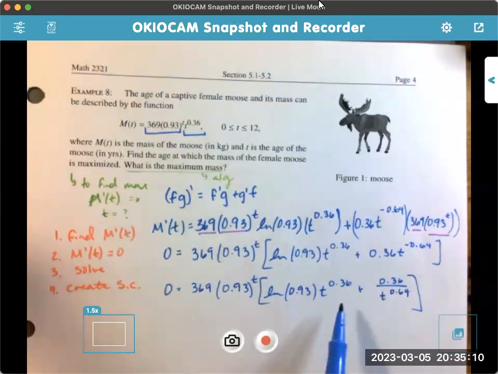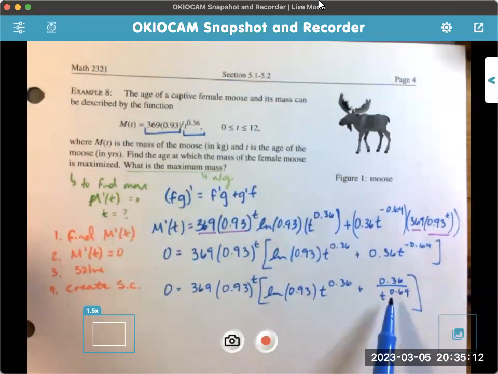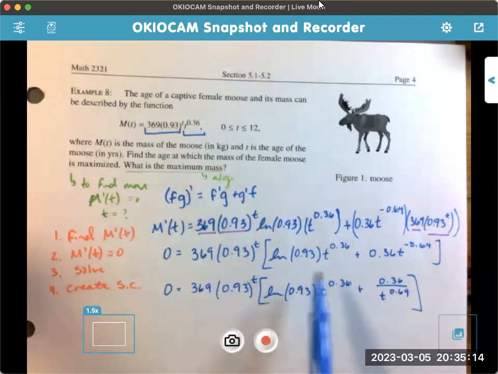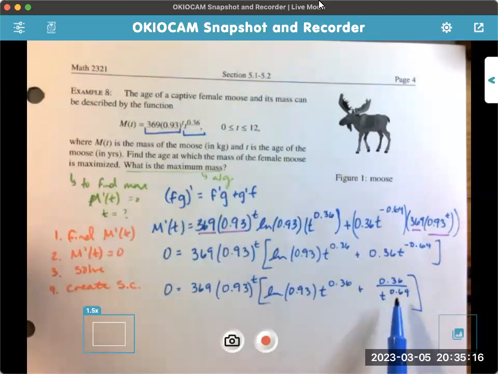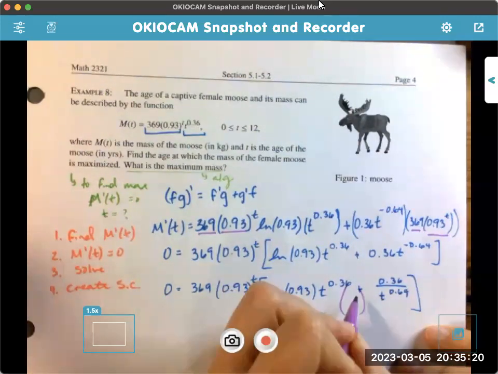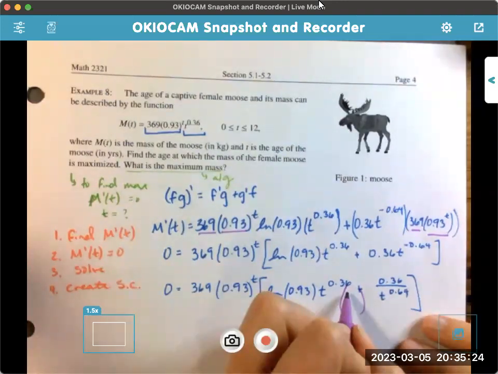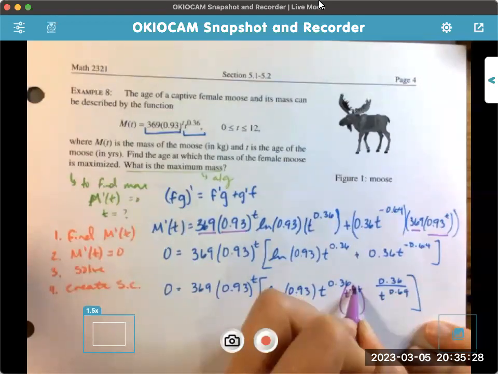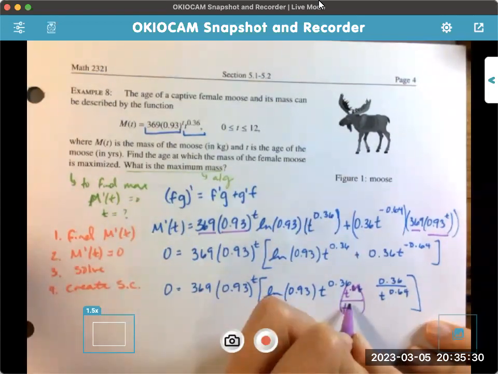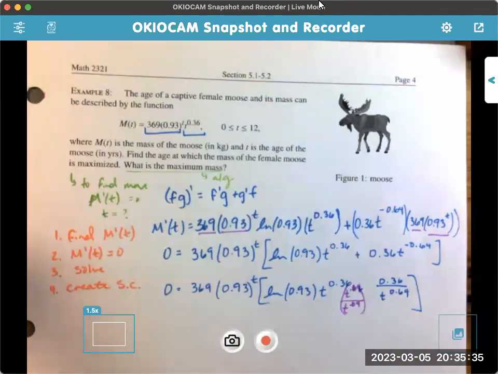What we want to do is get a common denominator because I don't want this term to be a non-fraction and this term be a fraction. So we're going to multiply in by our special form of 1, which is t to the 0.64 over t to the 0.64, right?